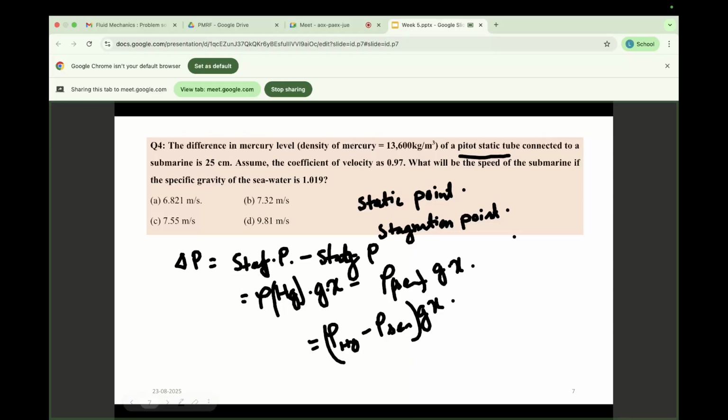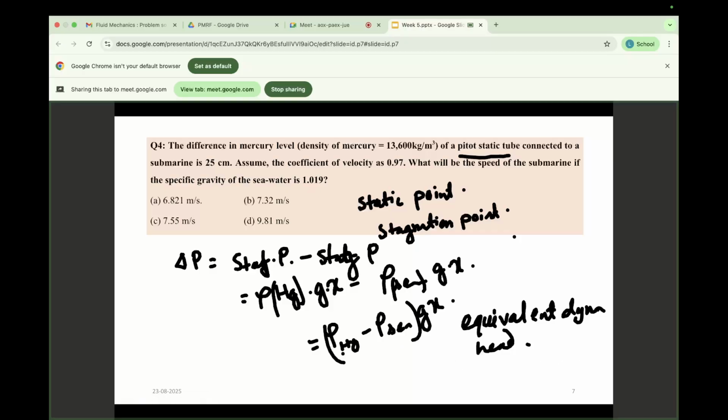Now I know that if I need to find out, this is equivalent to the equivalent dynamic head, which is H. That means I am converting this pressure difference into a dynamic head.